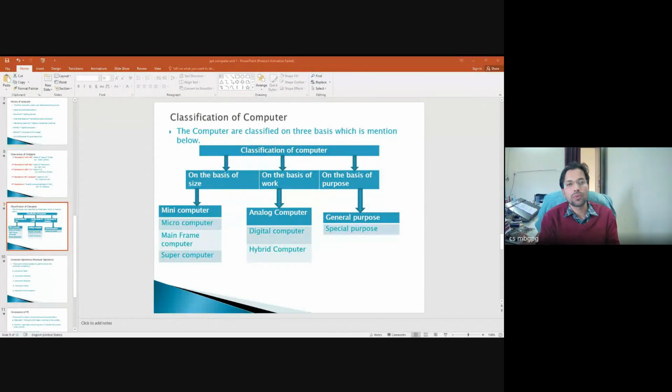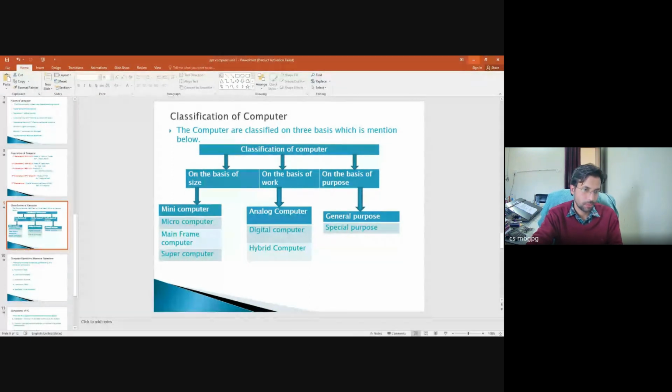On the basis of data handling technique, we have divided the computer system in three ways: analog computer systems, digital computer systems, and hybrid computer systems. Then on the basis of size, we have classified computer systems in many ways: mini computer, micro, mainframe, and supercomputer systems. All these are according to the size of the computer system.